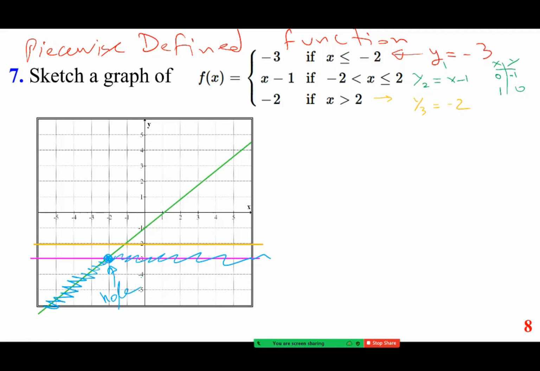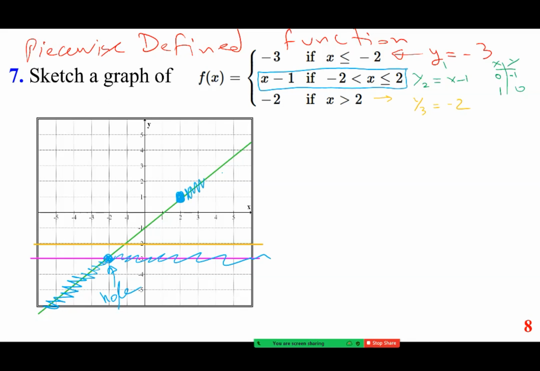for the green line. However, the hole and the solid point come together and it makes it a solid point. So all the way to x equals 2, when x equals 2, in this case, y equals 1. So to this point is fine, solid.